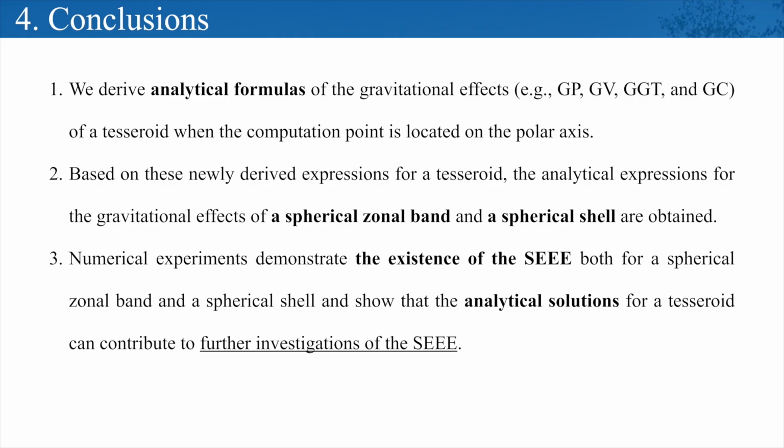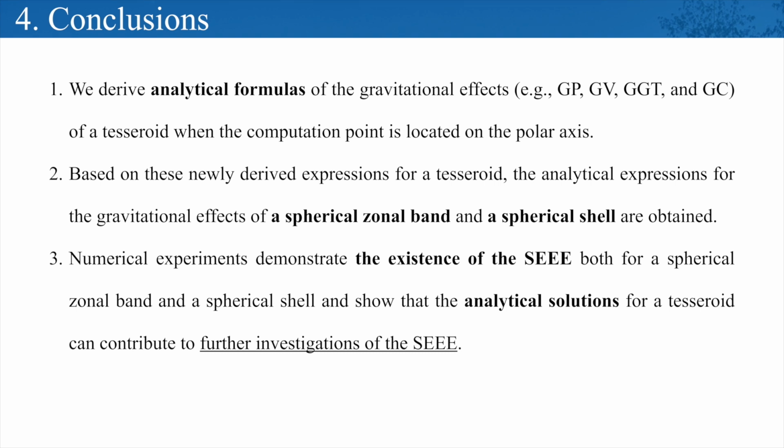For the conclusions, we derived analytical formulas of the gravitational effect of a tesseroid, where the computation point is located on the polar axis. Based on those newly derived expressions, the analytical expressions for the gravitational effect of a spherical zonal band and the spherical shell are obtained.